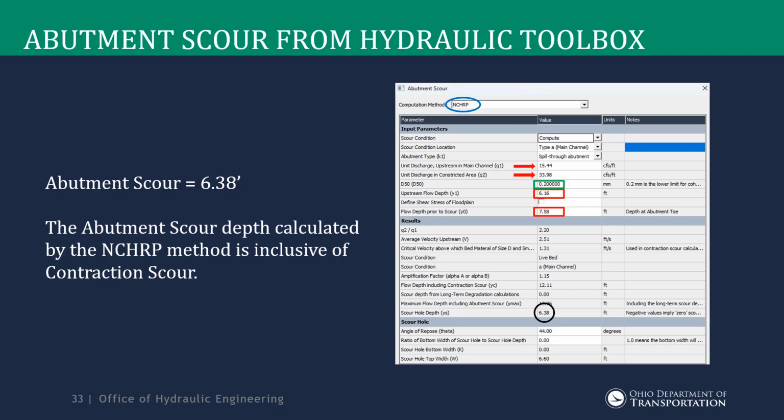Now, abutment scour is not in addition to the contraction scour. It includes the contraction scour. So the total scour at the abutments is 6.38, which is more than what we calculated for the contraction scour, which makes sense.